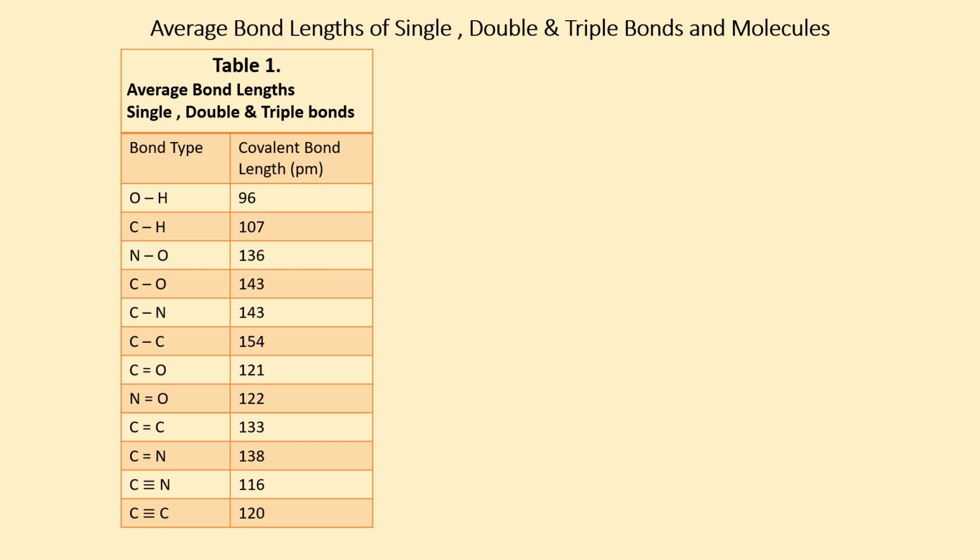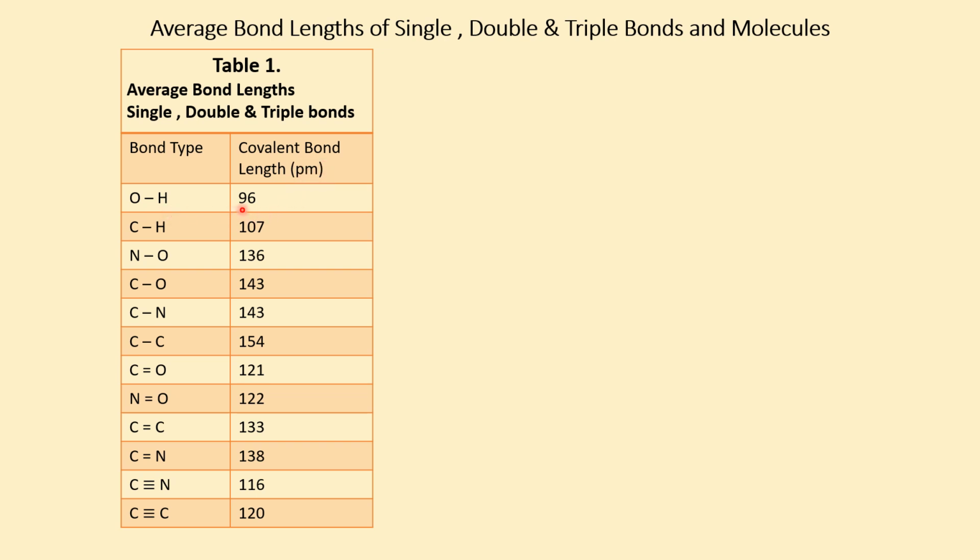In column number 1, bond type is given. It may be a single bond between O and H, C and H, N and O, C and O, C and N, and C and C. All these are single bonds between the respective atoms. The covalent bond lengths for these bonds are given in column number 2 in picometers.